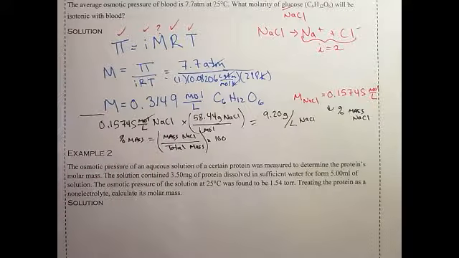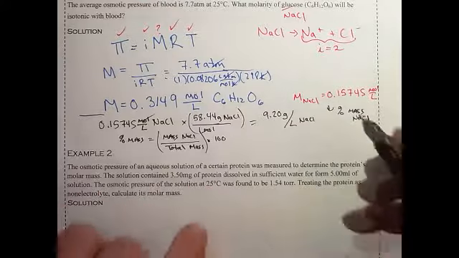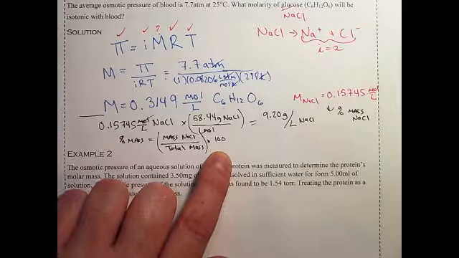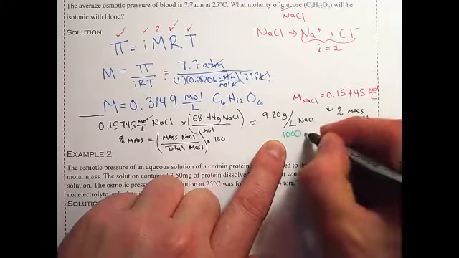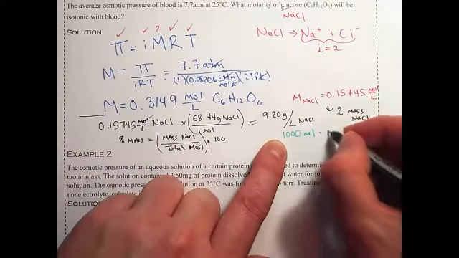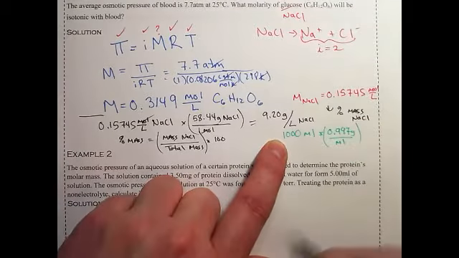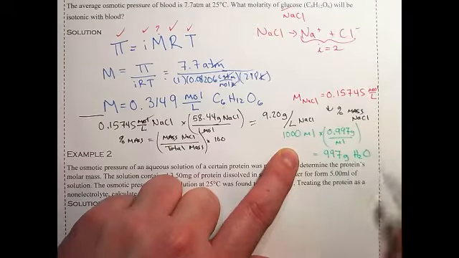Well, we can turn to Appendix B in your booklets or in your textbook, and we can find that the density of water is about 0.997 at 25 degrees Celsius. So let's turn this liter into a mass. If we have 1,000 milliliters of water, and we have 0.997 grams per mL, we're going to get 997 grams of H2O.